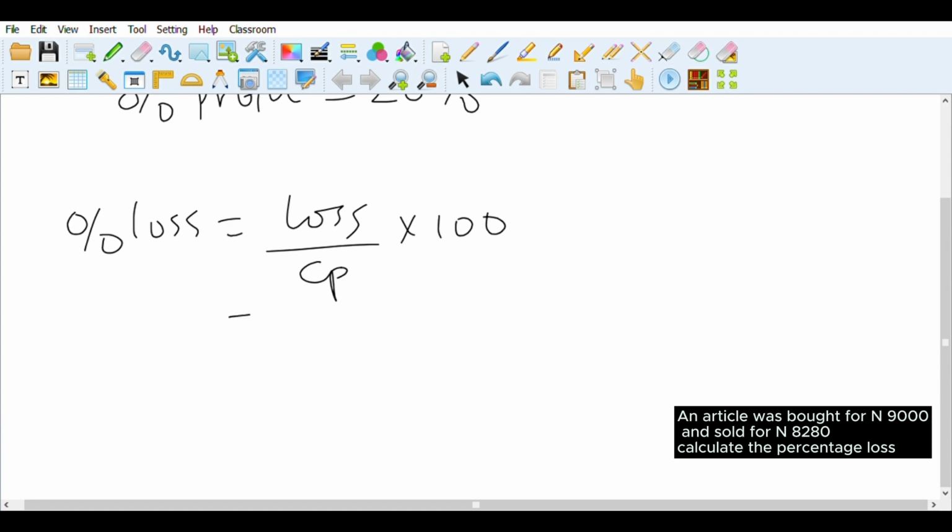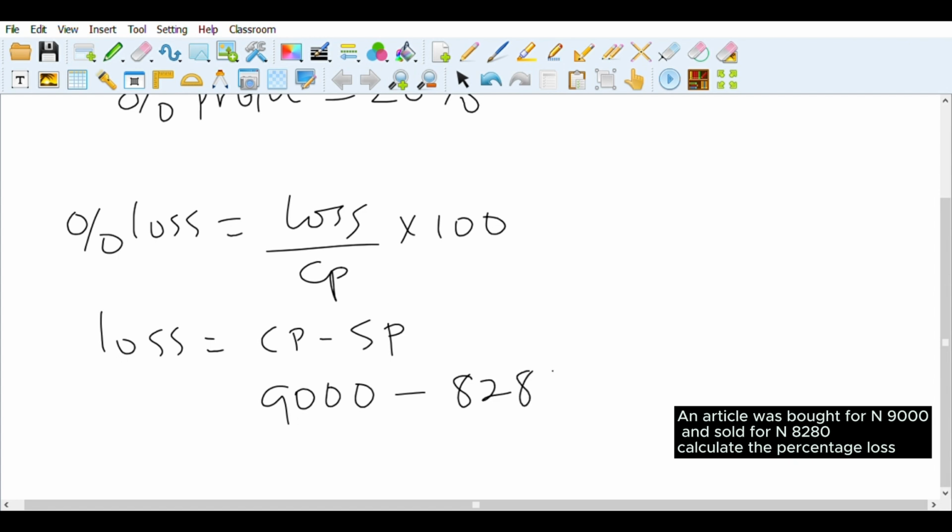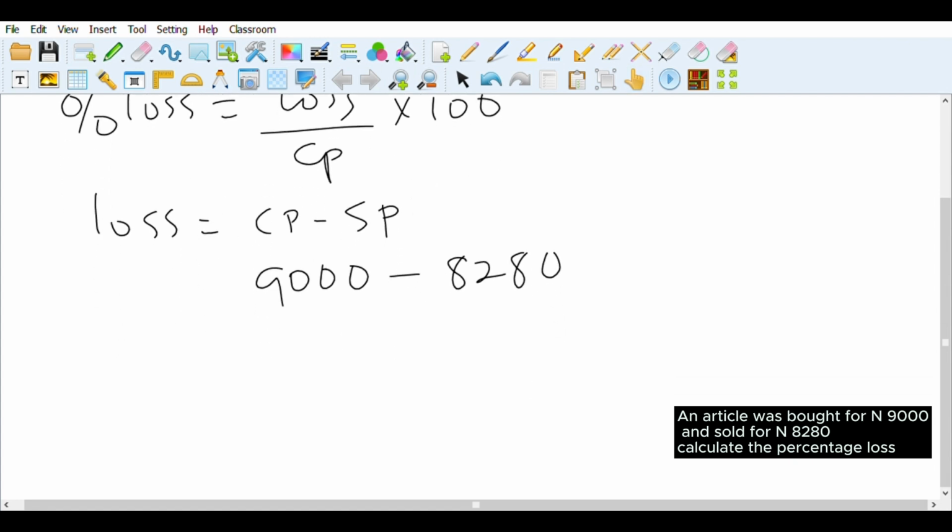Okay, so let's see the loss. The loss is cost price minus selling price. You already know this formula. The cost price is 9,000. The selling price is 8,280.